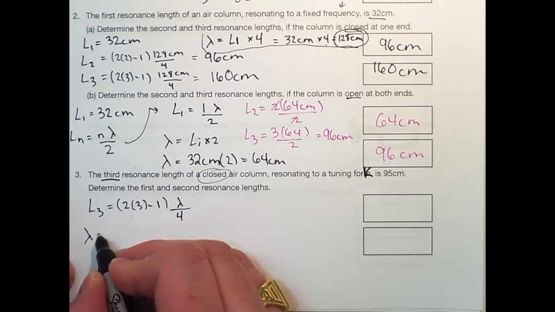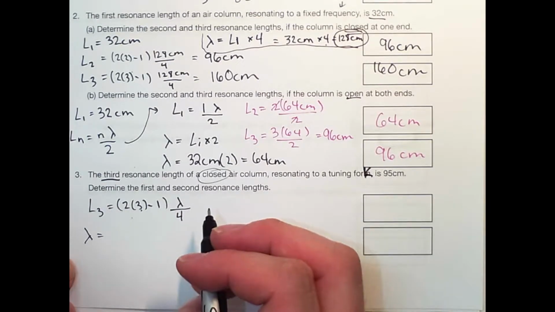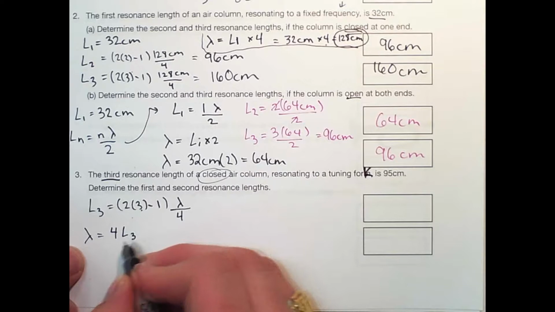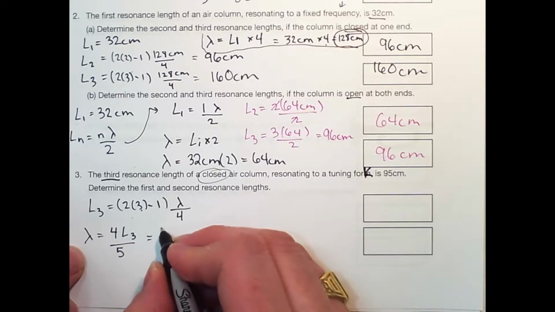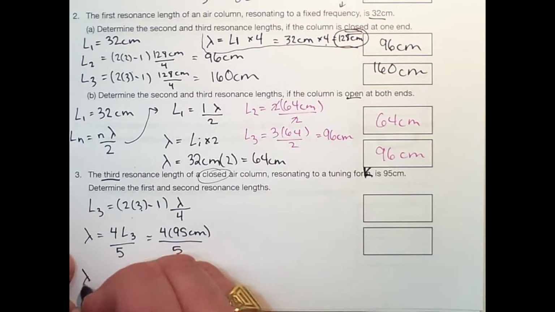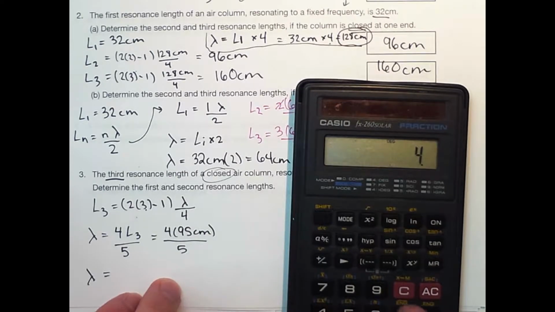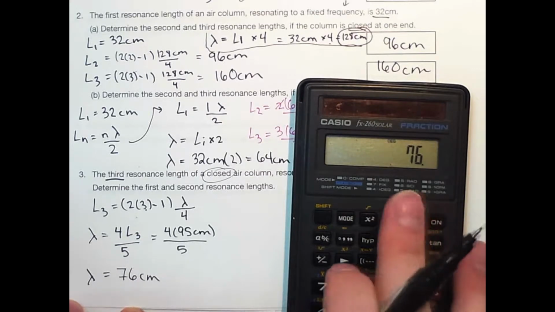So solving for lambda, 2 times 3 is 6, take away 1 is 5. Rearranging this, lambda equals 4 times L3 divided by 5, which equals 4 times 95 centimeters over 5. So 4 times 95 divided by 5 is 76 centimeters.